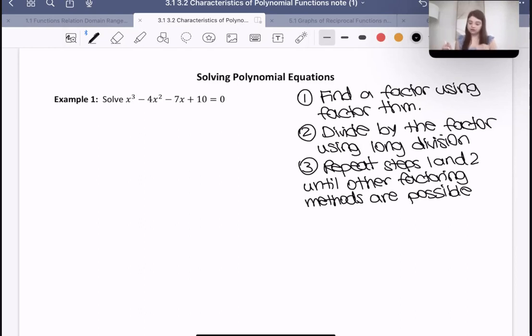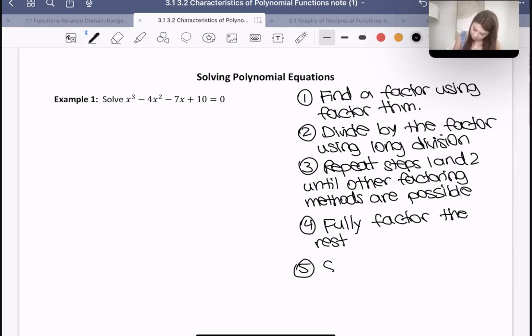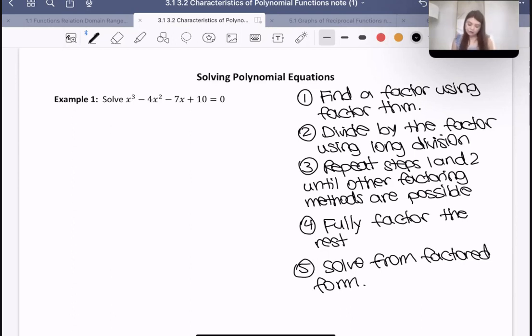That's when we would stop and move on to step four, which is fully factor the rest. And then step five would be to solve from factored form using the zero product property. Okay, so those are the five steps.